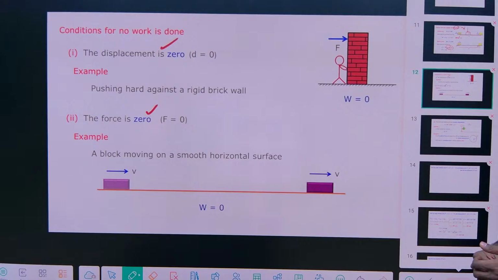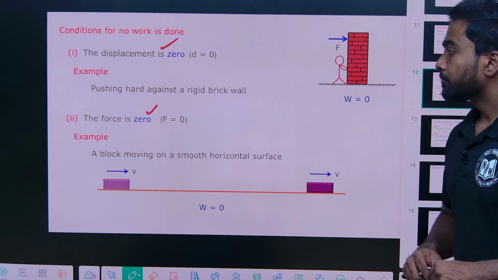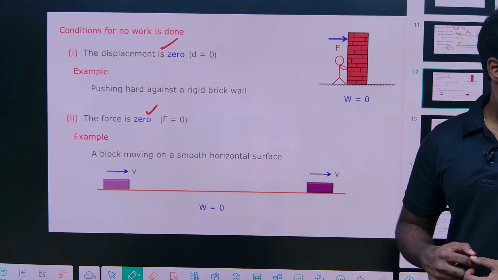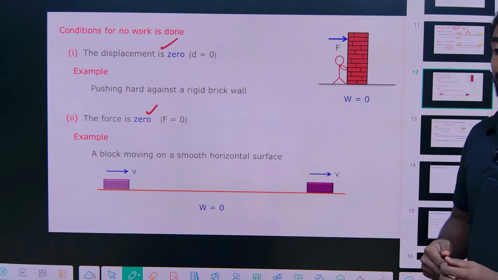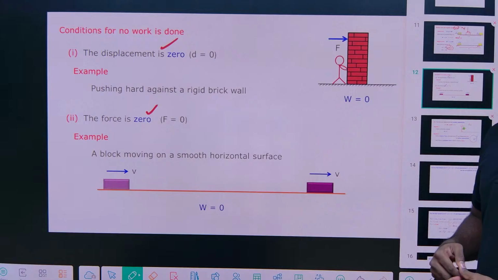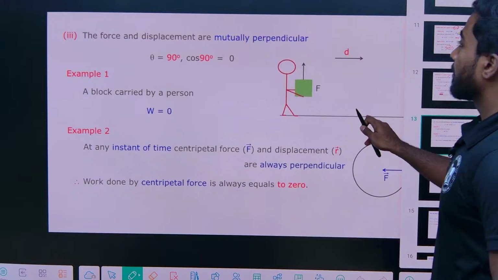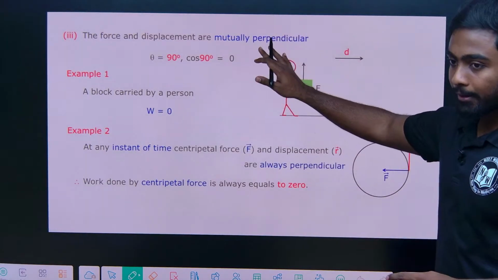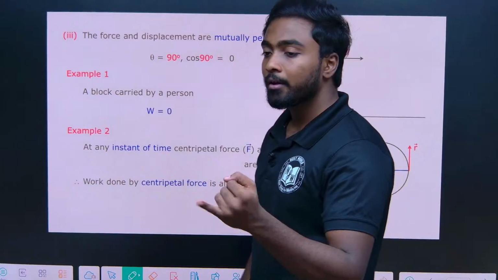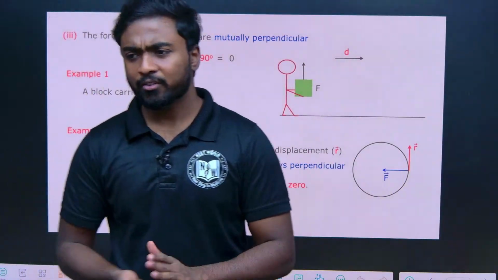Can we see the third condition now? Okay. So the third condition is that force and displacement are mutually perpendicular. The first condition: displacement is 0, so there is no work done.